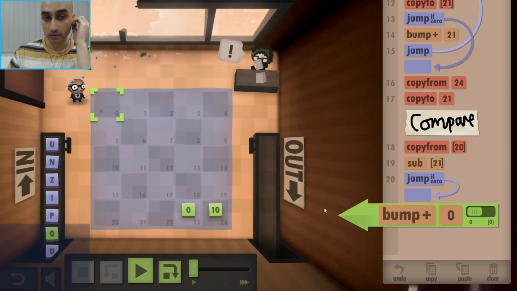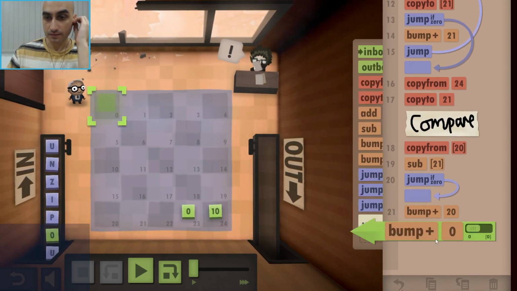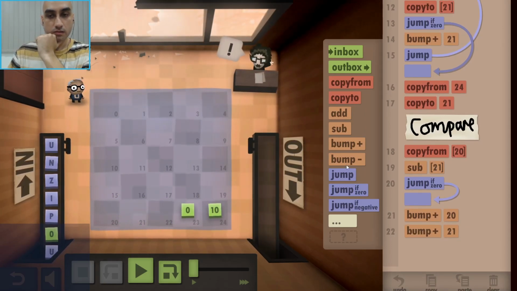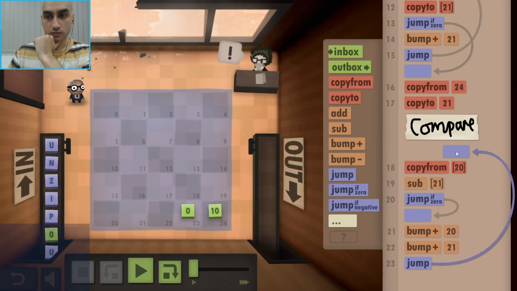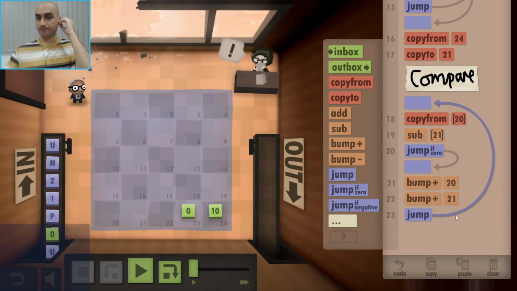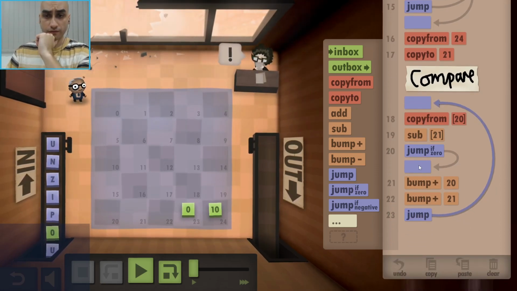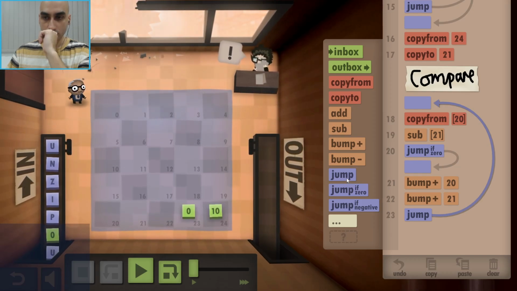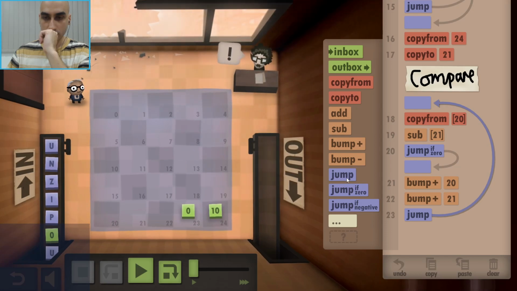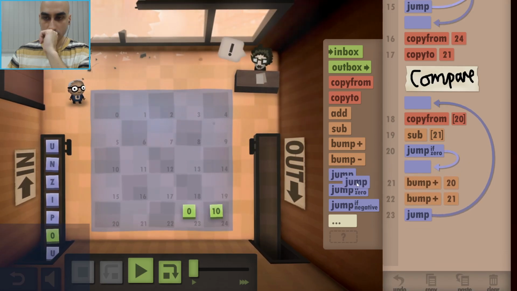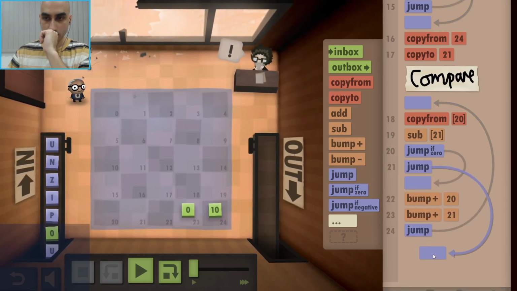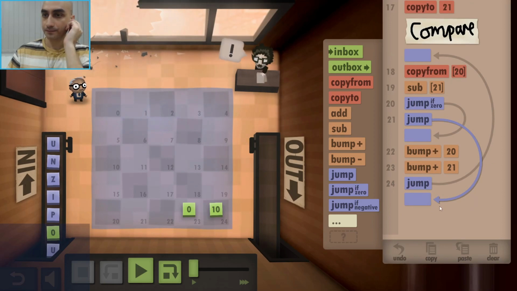So we bump each of these to go to the next letter, and then we jump back to this. Otherwise, we go down to this section here.